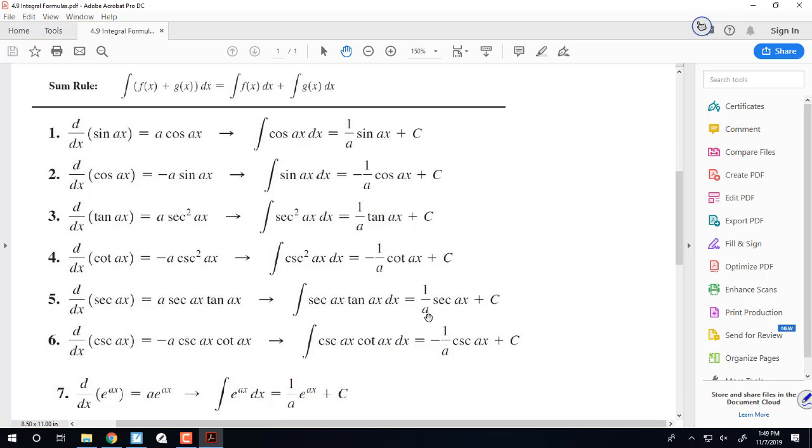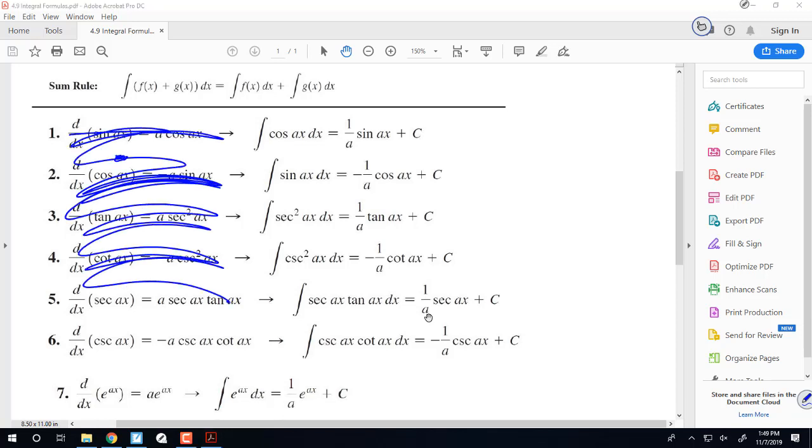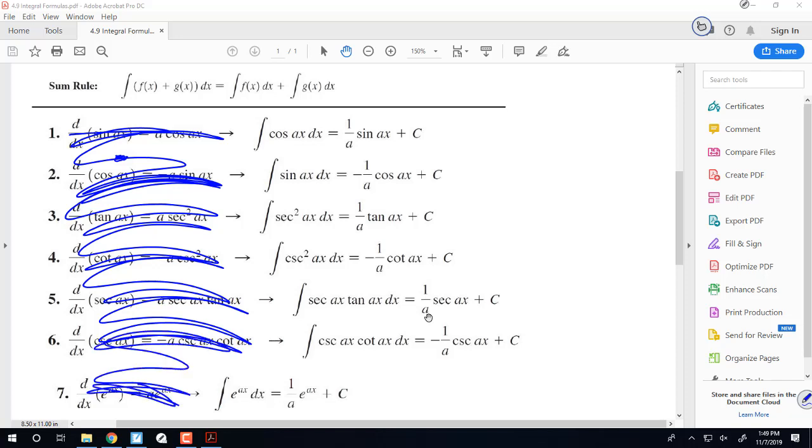Hey, just wanted to point out this chart that you're looking at. If you're just going to use this chart, which I think at some point you should know, you're ignoring all of this stuff. The only thing you're focusing on are the formulas that actually involve an antiderivative.